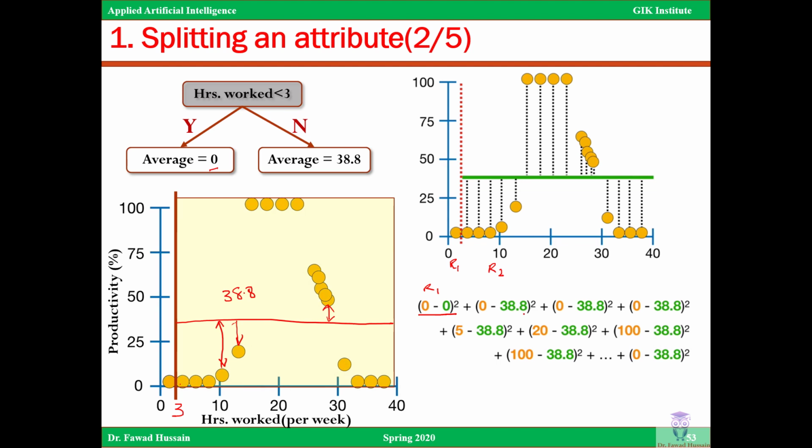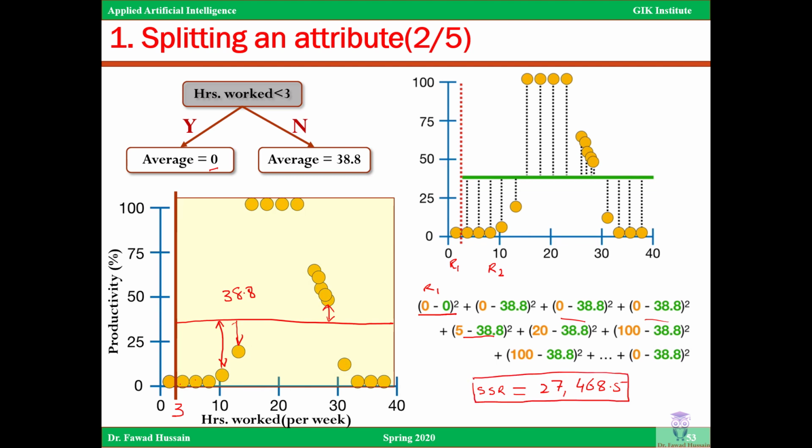So 0 minus 38.8 squared, and then I move on to the next data point, which is again 0. So I get this and I get this. In the fifth data point, the value here is 5. So 5 minus 38.8, which is this, and so on. If I take the total, this sum of squared residues, I'm going to get about 27,468.5. So this is the sum of squared residues, or sum of squared errors.